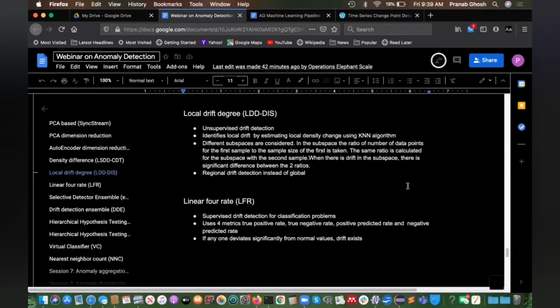And if that ratio is different between the two data sets for that same subspace, it means that in that subspace there is a drift, only in that subspace. So you have to repeat that for many subspaces, and that way you can find drift locally in your feature space.